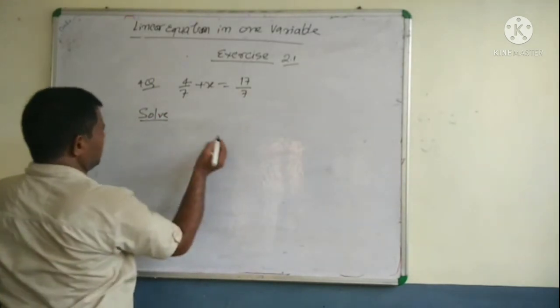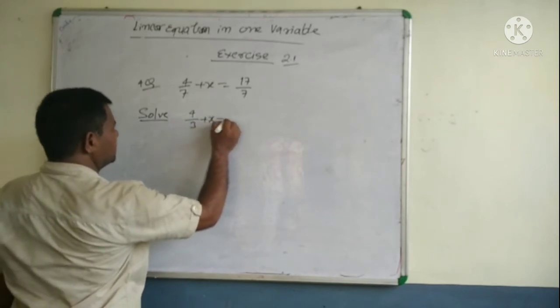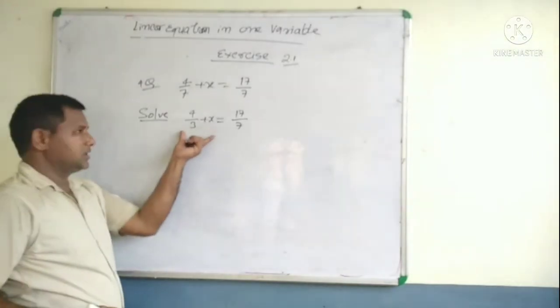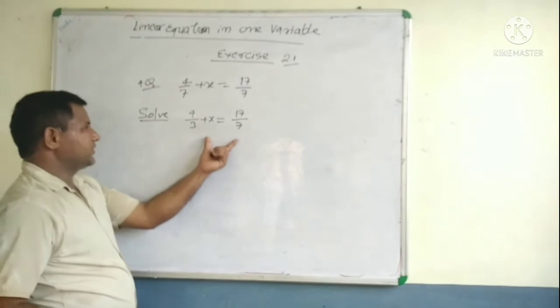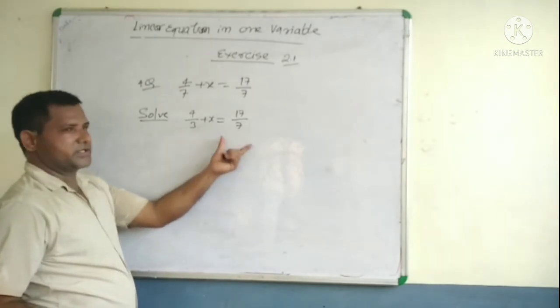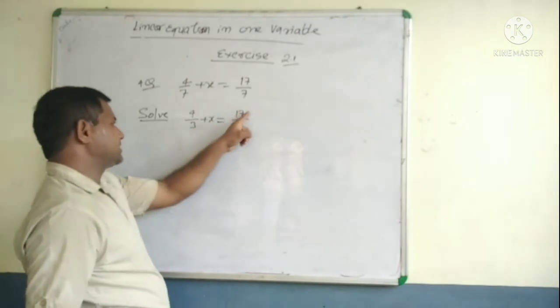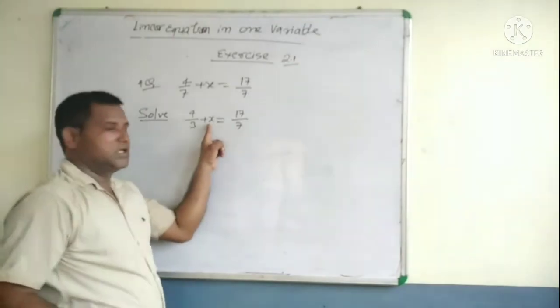First, we take our question: 4/7 plus x equal to 17/7. We know that in this equation there are two constant terms, first 4/7 and second 17/7, and the variable term is x.